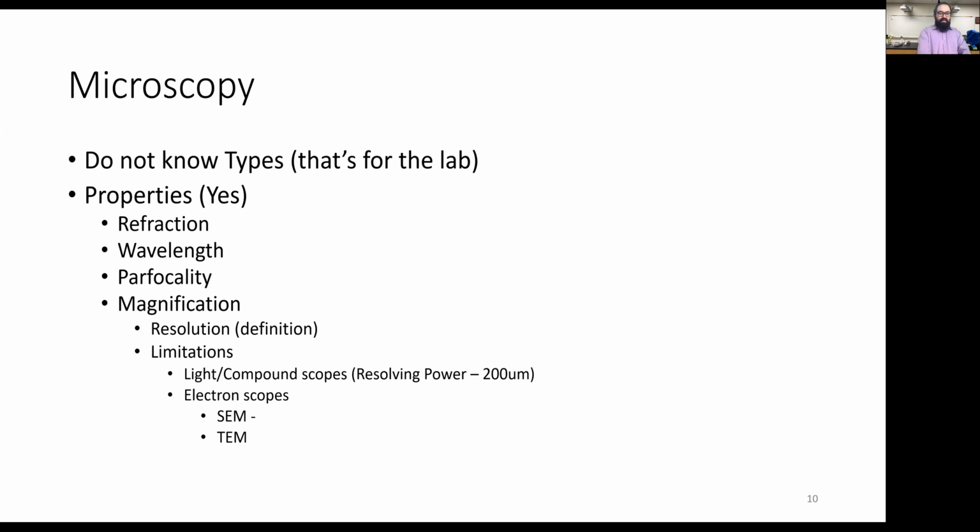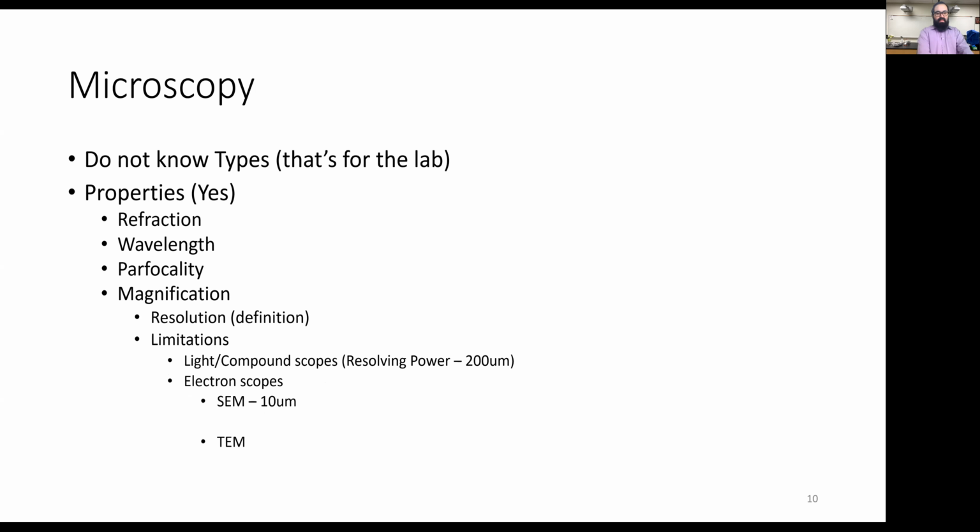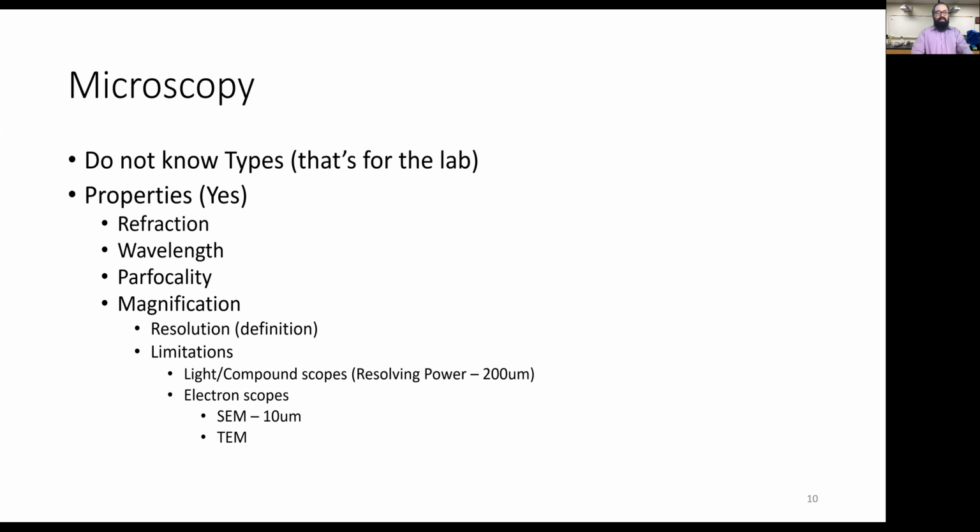And for that, the resolution is about 10 microns. And then this one is 0.5 microns in this case. What that means is what we call 5 angstroms, basically the size of atoms. That's what we get to see.